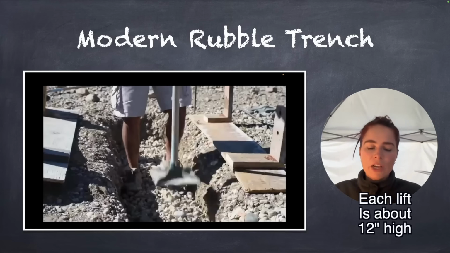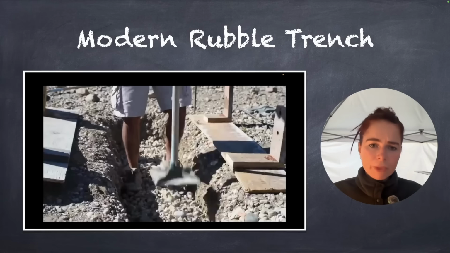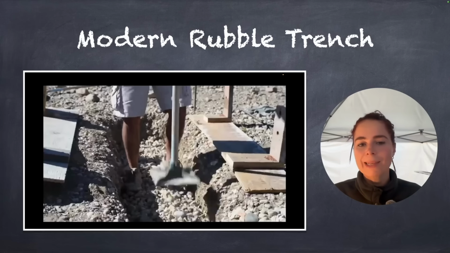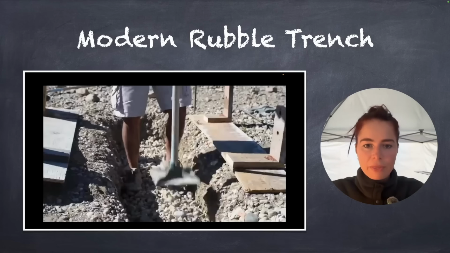You don't see it in this video, but you'll often have a geotextile material on either side of the trench, and sometimes along the bottom as well in modern times, and that's just to keep the rubble completely free of fines. So you don't want any sand or silt or other dirt in there. You want to keep it nice and clean so that it maintains the ability to drain water. That drainage ability, or drainability, is really important to it functioning right. And the other thing I'll mention is you just want it wide enough so the wall that sits on top of it is going to be narrower than the trench itself. Just going to play this here for you.